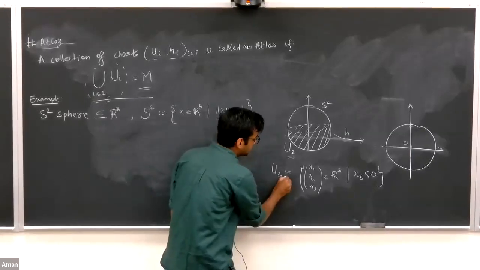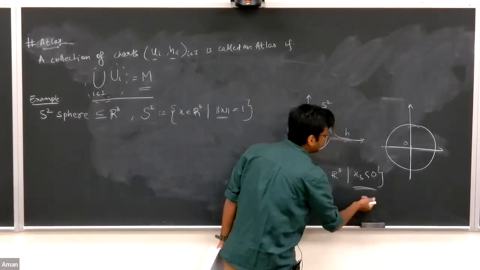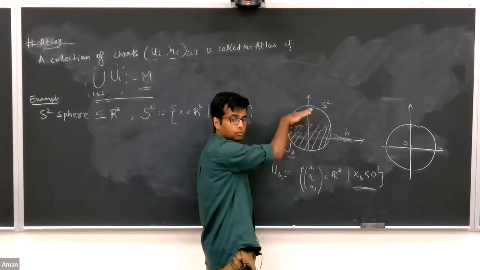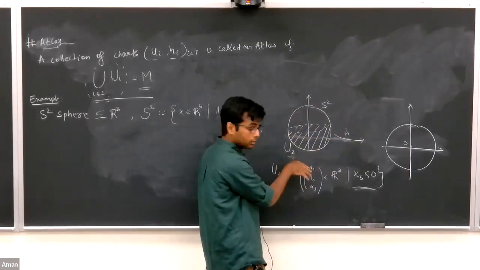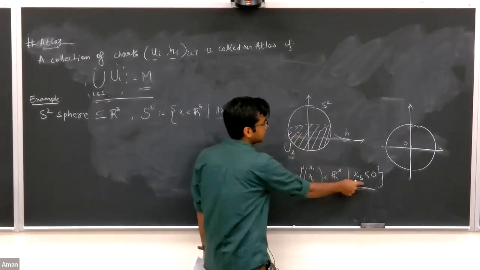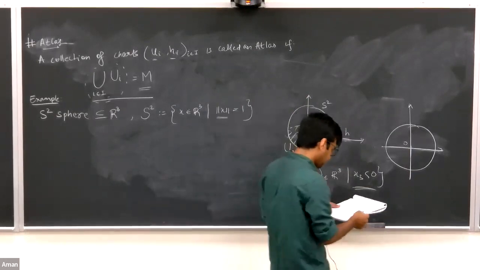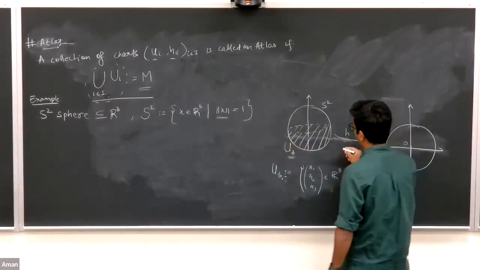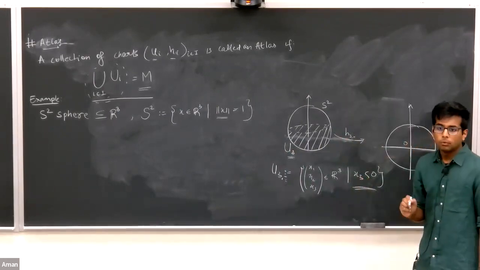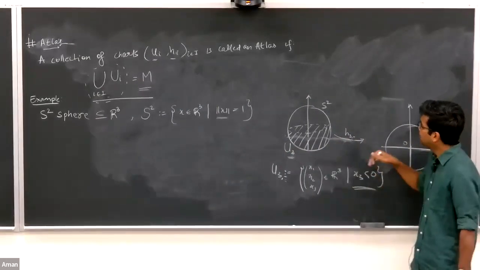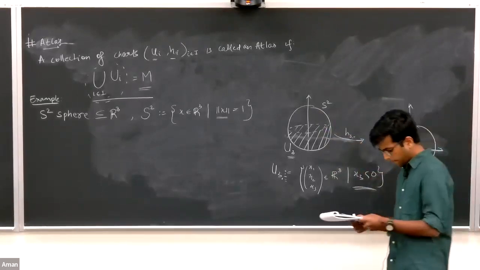I'm also adding a minus sign here because if we have the criterion x3 greater than 0, we'll cover the upper hemisphere. So this minus indicates that we are in the lower hemisphere. If we have a U_3 plus, that will be x3 greater than 0, so the upper hemisphere. The coordinate map for this one, I'm changing the nomenclature, is called h_3 comma minus. The corresponding map for the upper hemisphere would be h_3 plus. Okay.